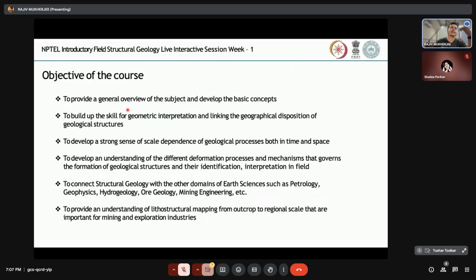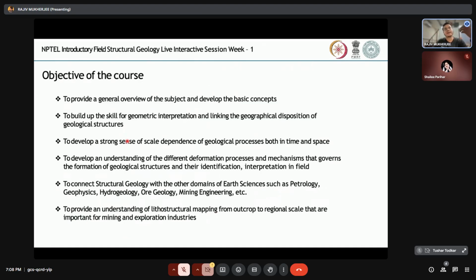That is essentially the skills for carrying out lithostructural mapping. Third is to develop a strong sense of scale dependence of geological processes, both in time and space. That is to interpret the sequence of deformation events that we see in the field.